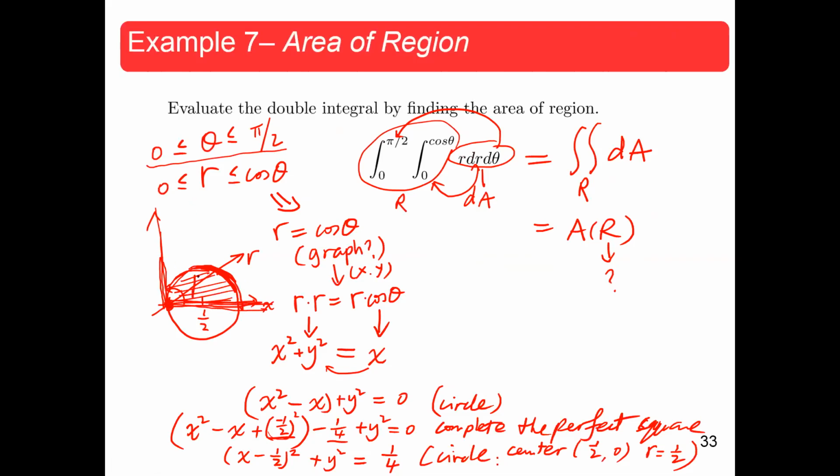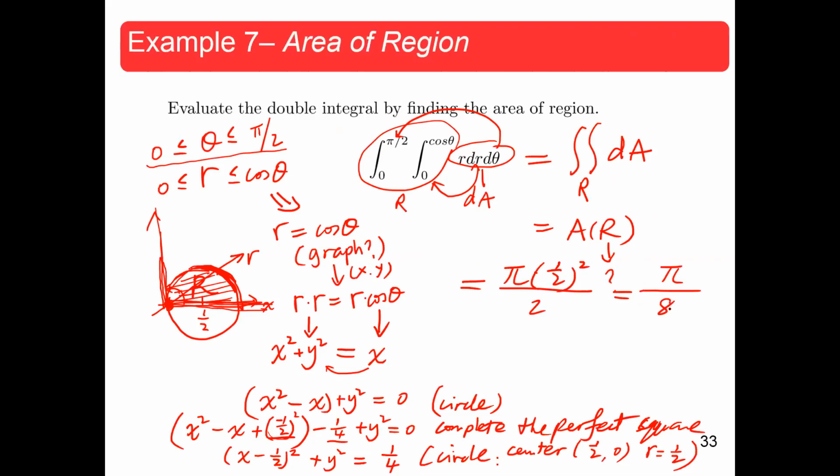So this would be my region R, which happens to be a half circle, inside of the semicircle. So the area of R would be pretty easy to compute based on our previous knowledge. It's going to be 1/2 of pi r squared, so that happens to be 1/4 divided by 2, 1/8.